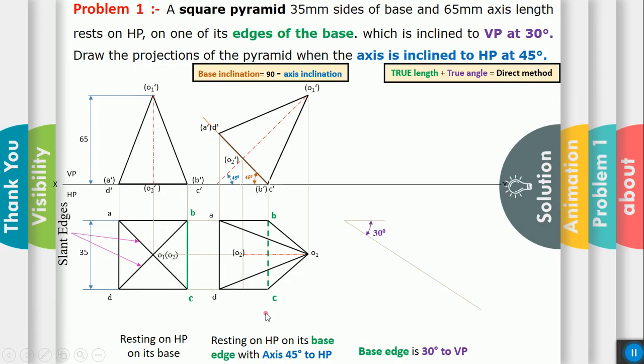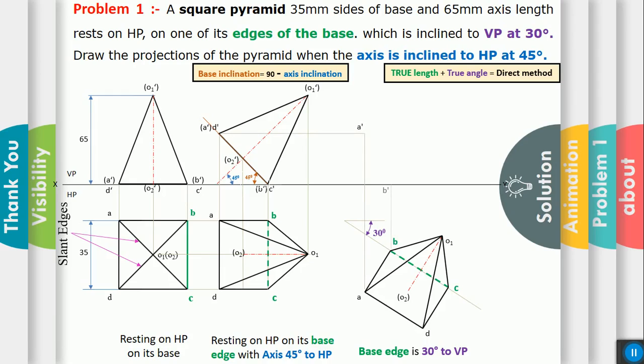So we will recreate the second position top view in such a way that the base edge BC will be in line with this true angle 30 degree. Then to get the front view, we'll draw the lines of projections as shown. In the front view, the base of the square pyramid is visible, hence it should be indicated with a continuous line.